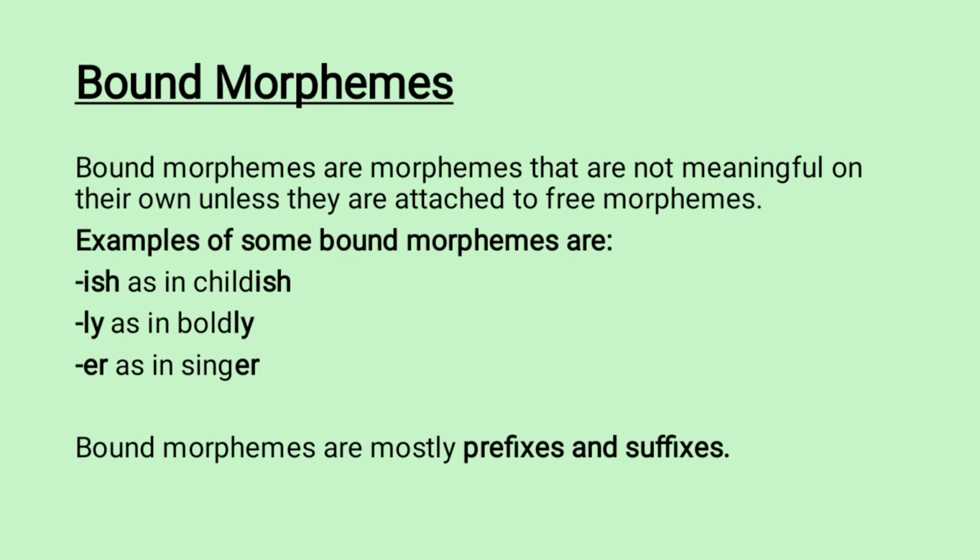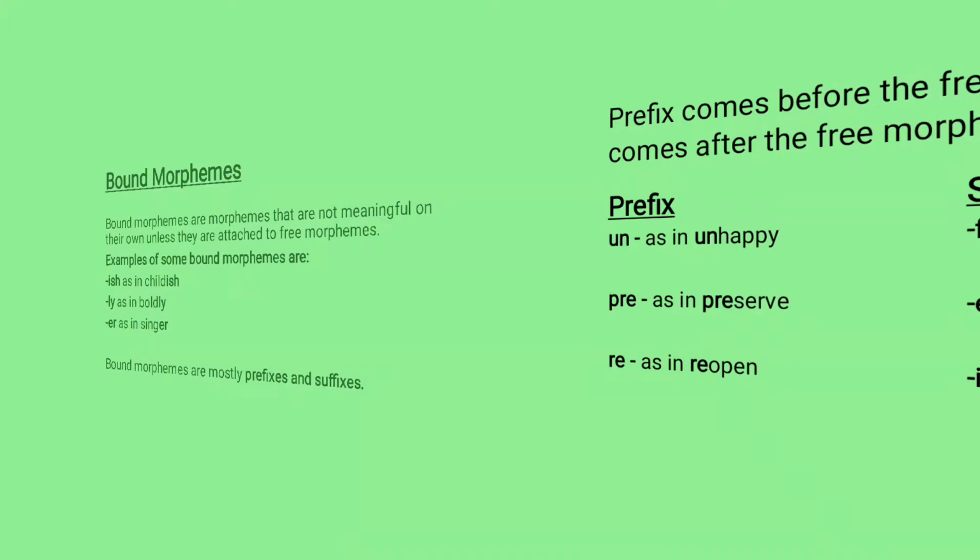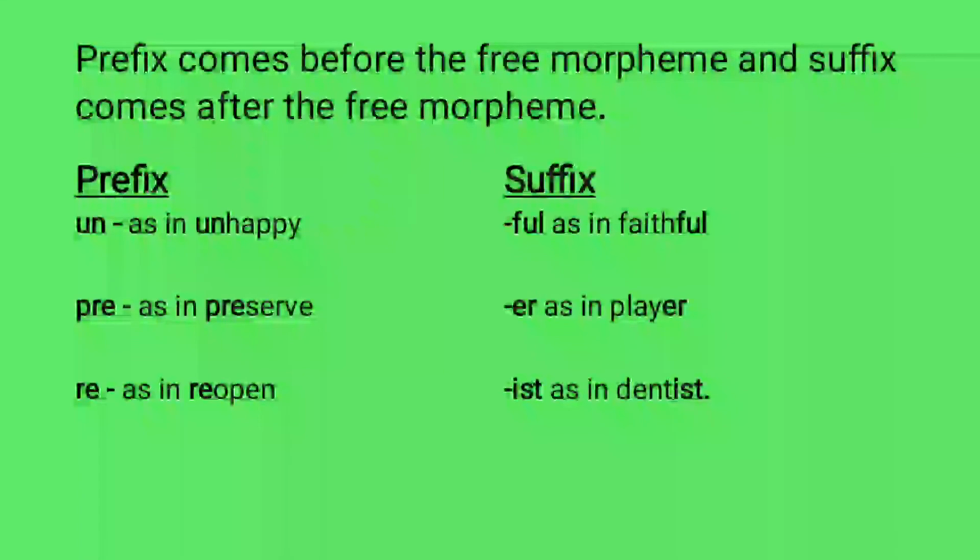Let us now look at some examples of bound morphemes. Examples of some bound morphemes are ish, as in childish; ly, as in boldly; er, as in singer. Bound morphemes are mostly prefixes and suffixes. A prefix comes before a free morpheme, and a suffix comes after a free morpheme.